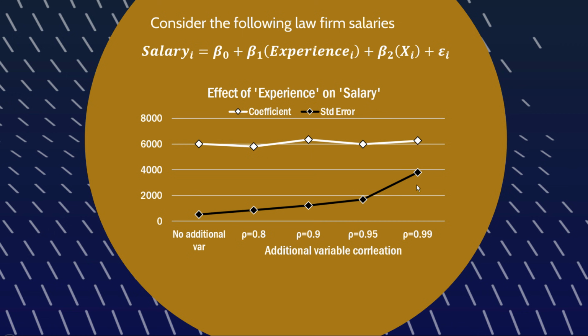And what actually happened at the end is that the p-value here is about 0.2, meaning that experience is no longer significantly affecting salary at this point. So clearly X and experience are fighting for significance in this model now, such that the model can no longer tease apart the effect of experience on salary.